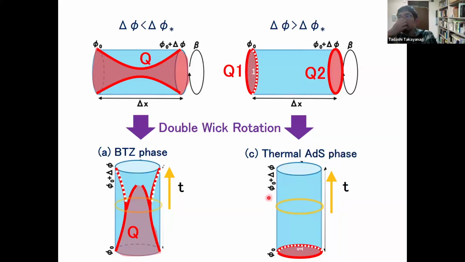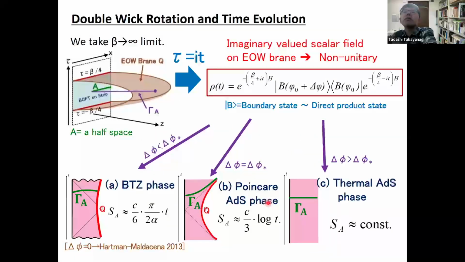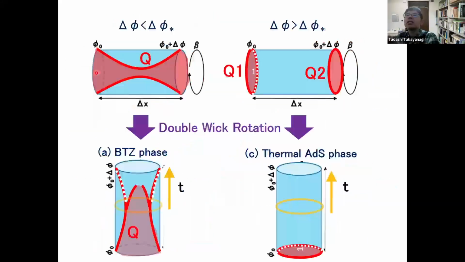So then what about the calculation of entanglement? Here is a sketch. After the double Wick rotation, we want to compute the holographic entanglement, so we take subsystem A to be this line, and we take this circumference to be infinite. This becomes beta goes to infinity.